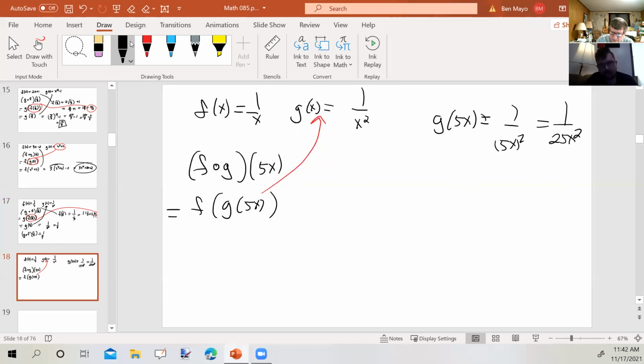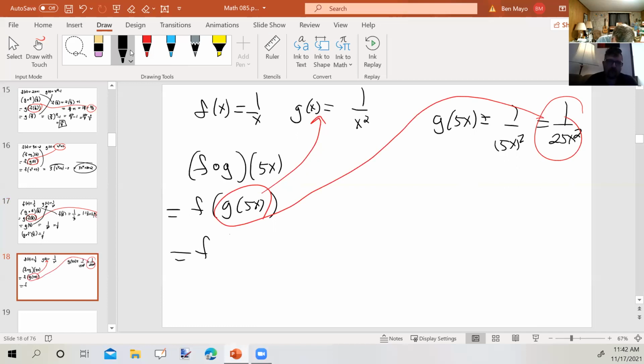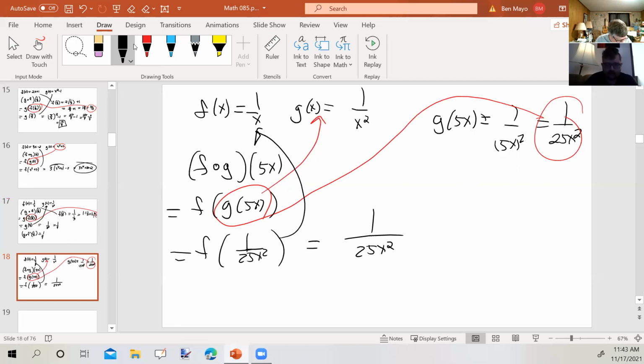All right. So now all of that goes in the place of this. So we've got f of 1 over 25x squared, and that's going to go up in here. We can just go equals 1 over 25x squared. So there's your final answer.